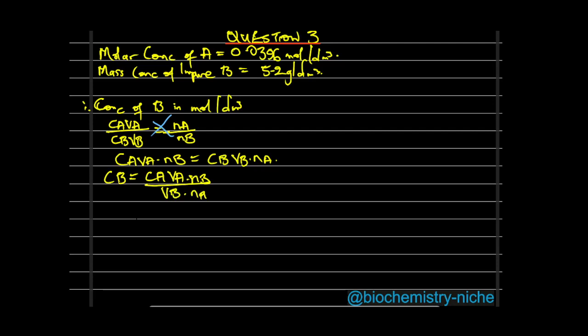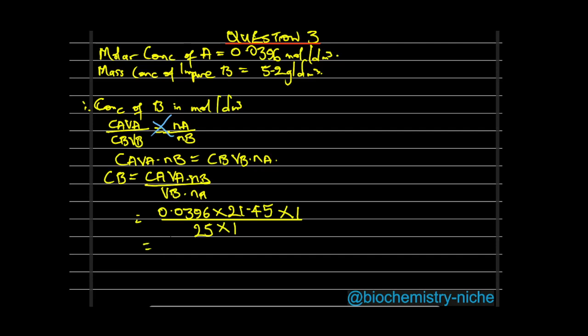So that is going to give us this. Our CA, the molar concentration for A, is 0.0396 times 21.45 times 1, all divided by 25 times 1. 25 is the volume of our base, the volume of the pipette that is used.